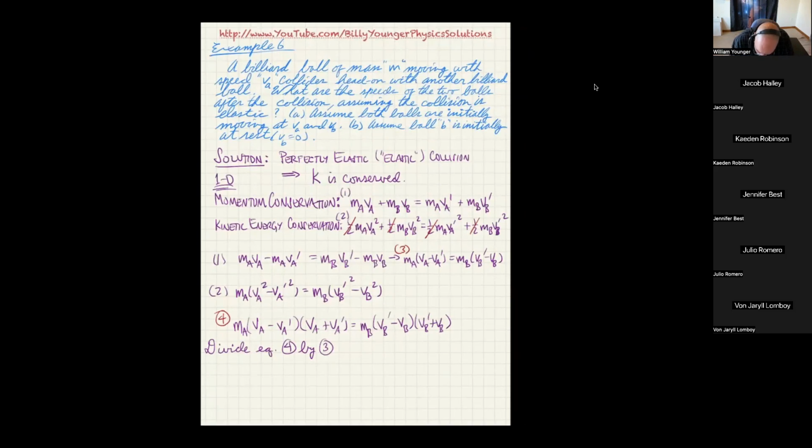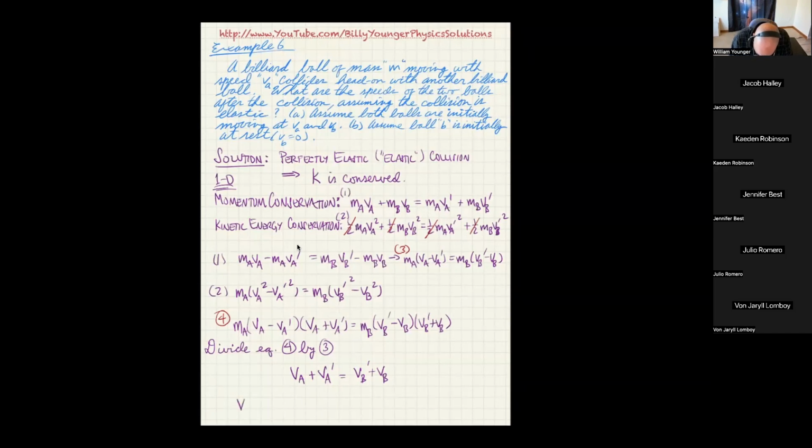So I end up getting VA plus VA prime is equal to VB prime plus VB. Or we can go ahead and simplify that a bit more by choosing to basically get the velocities before on one side and the velocities after on another side.